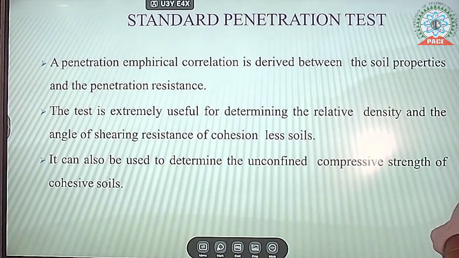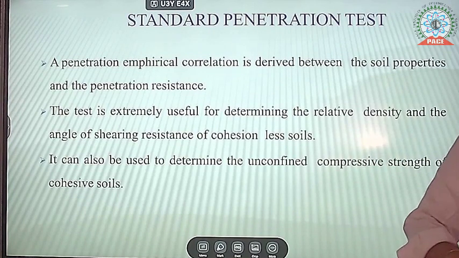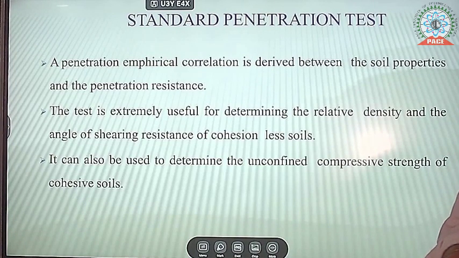The test is extremely useful for determining the relative density and the angle of shearing resistance of cohesionless soils. It can also be used to determine the unconfined compressive strength of cohesive soils.